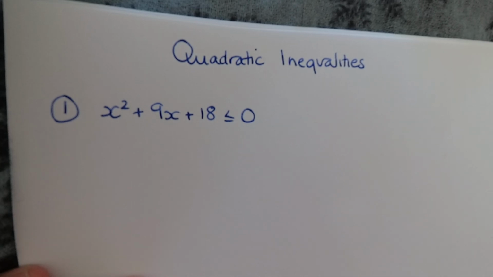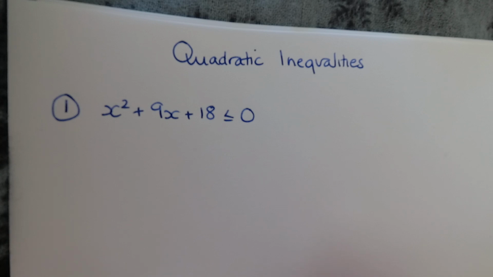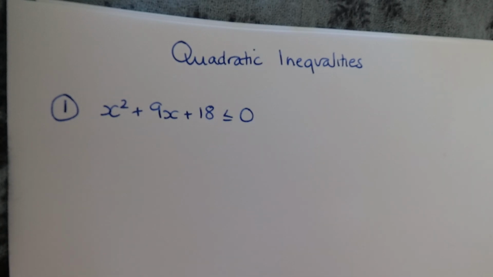To be able to solve a quadratic inequality, you need to remember the shape of a quadratic graph, because that will really help you to find the regions that you're looking for when you try to solve these.